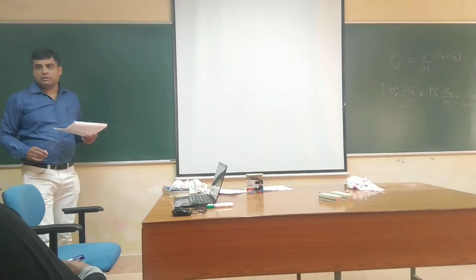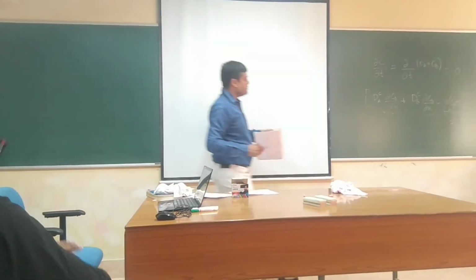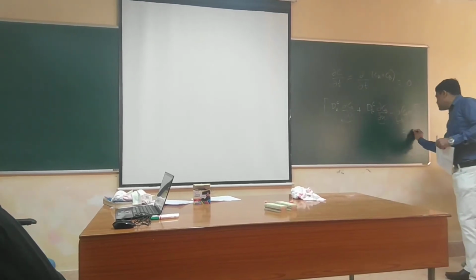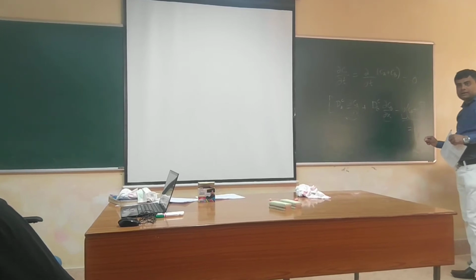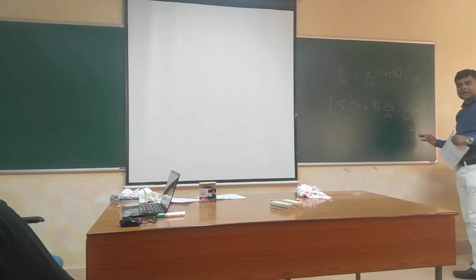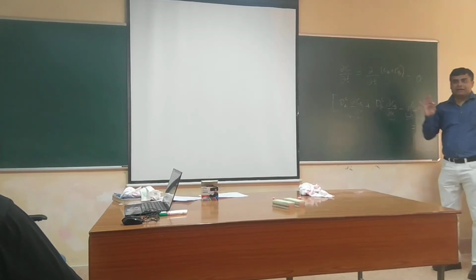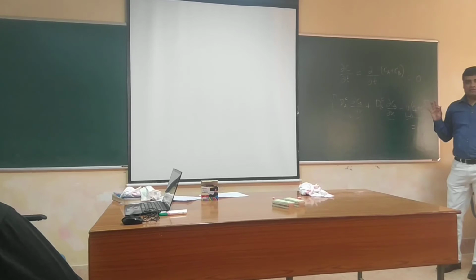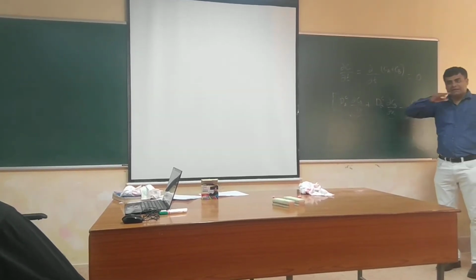So can I repeat this one? Why is the constant 0? This is a constant. Now to find out this constant, you take the boundary condition that at x equal to plus minus infinity, nothing is being affected by the diffusion. So the composition is flat.